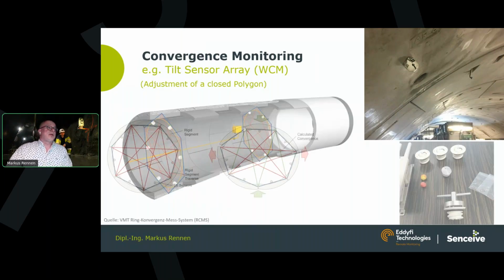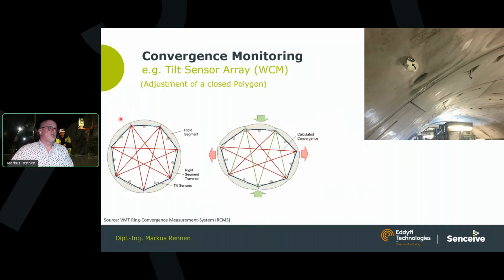And then we can assume a perfect initial shape, like here the circular shape, assume that we build between the joints out of these rigid segments a closed polygon, and as the shape deforms here on the right side, we can recalculate the deflection angles between the different segments, and by that calculate a new shape of the polygon with new coordinates, and between these coordinates calculate changes of distances which represent then the convergences observed.